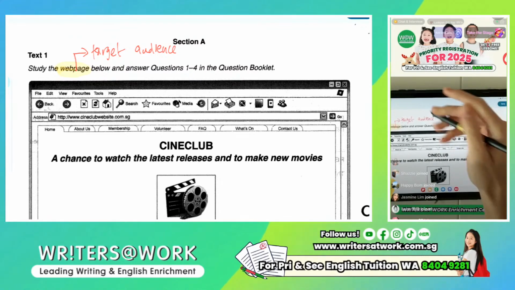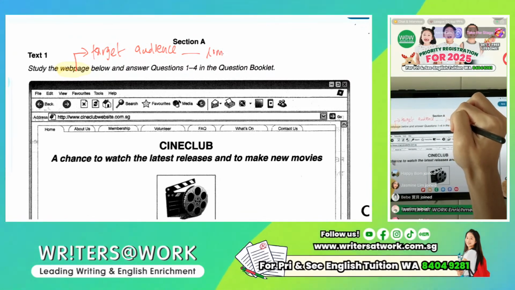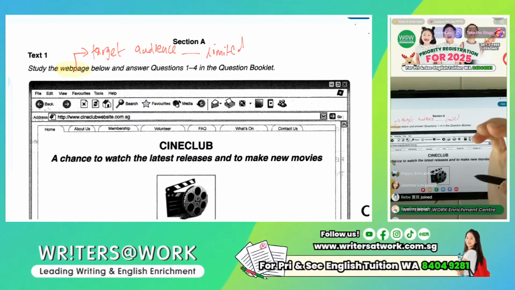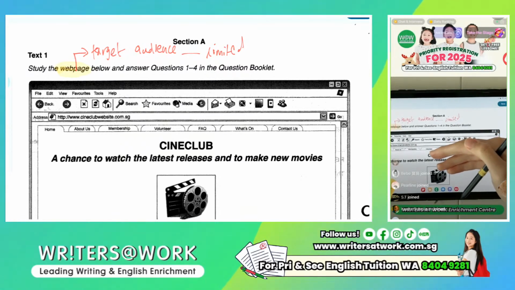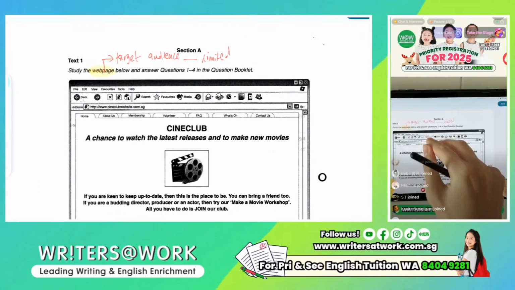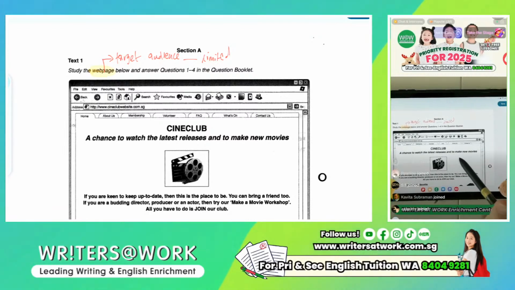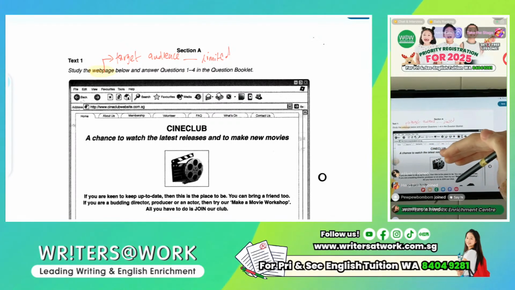This target audience would be rather limited because you need to search up that web page first before this thing pops up. It's different from your normal posters. If you put it on the MRT station or at your HDB void deck, a lot of people walk past and can see. So this would more or less shape the kind of people this web page is targeting.